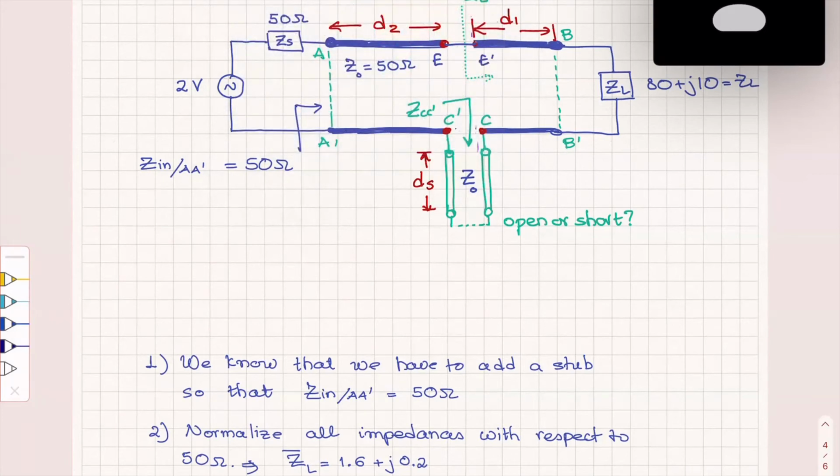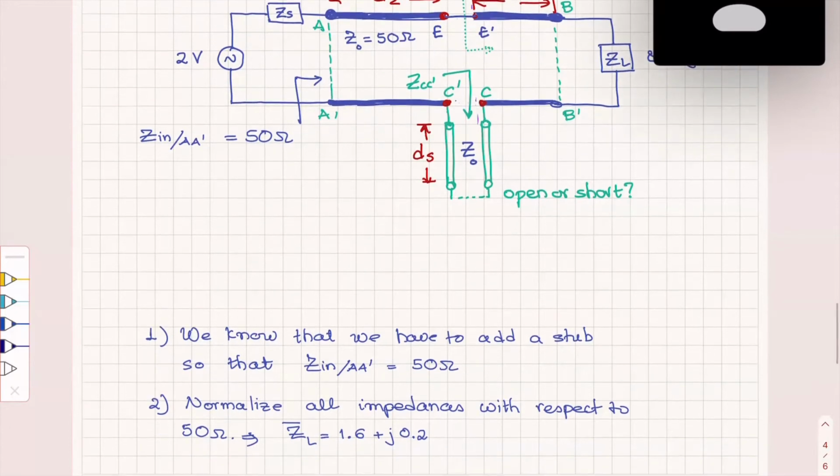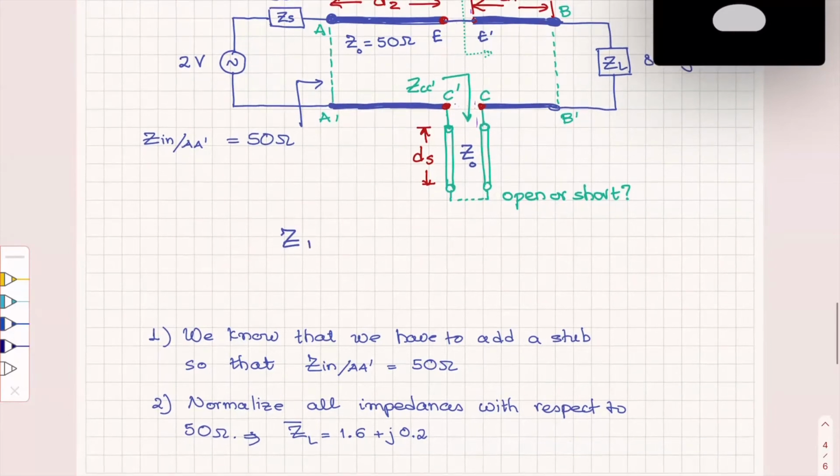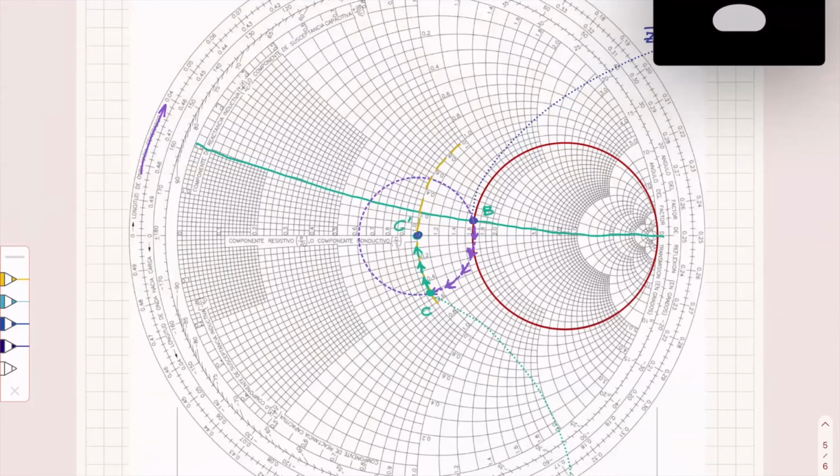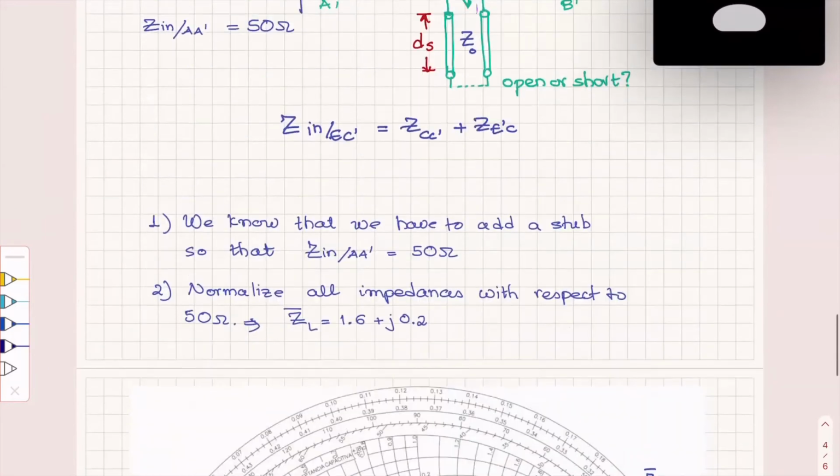And I can call this, in fact, Z E prime C. All right. Then the Z input at E C prime is going to be Z C C prime plus Z E prime C. All right. And this is going to be at the center of the Smith chart, which means that this is going to be 1.